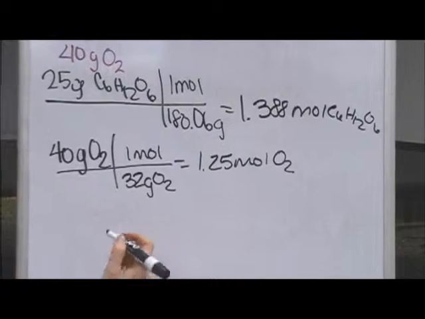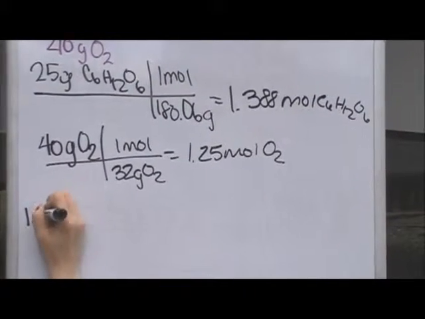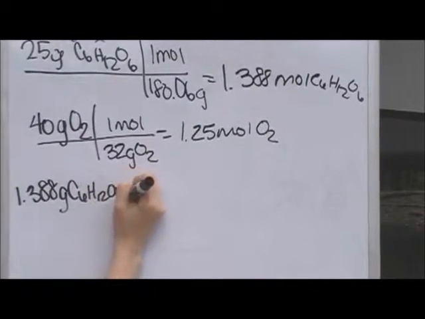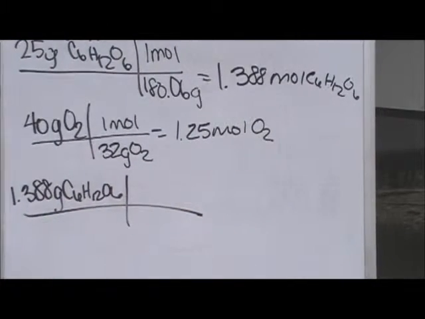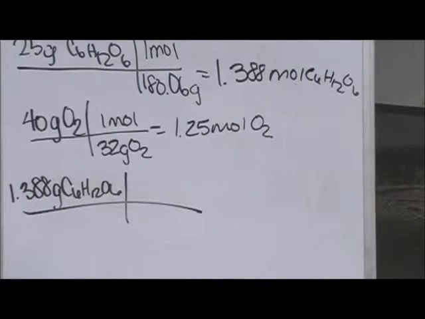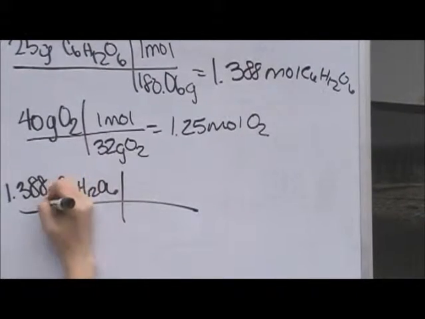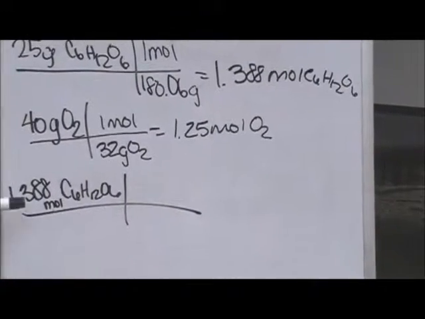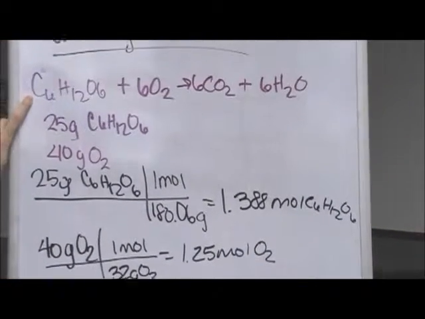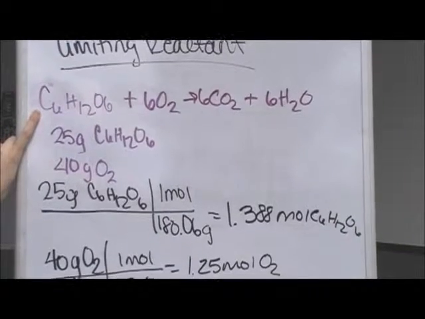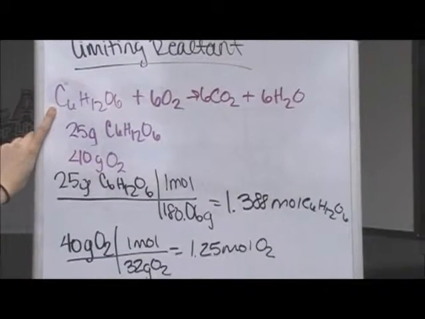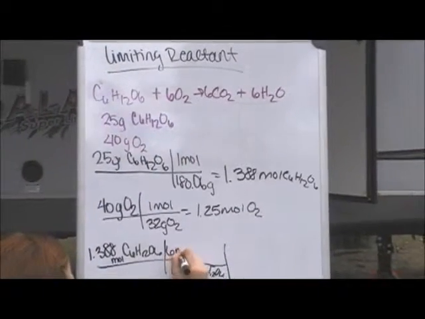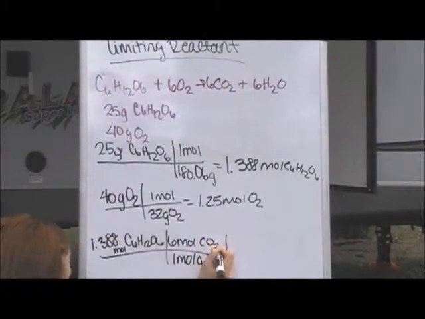So I'm going to pick CO2. I'm going to take my 1.388 grams of C6H12O6. And, wait, no, that's moles. And we're going to do a mole ratio with our balanced equation. So in our balanced equation, we have 1 mole of C6H12O6, which equals 6 moles of CO2.